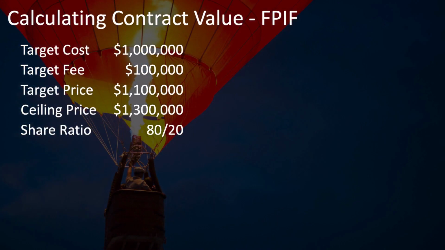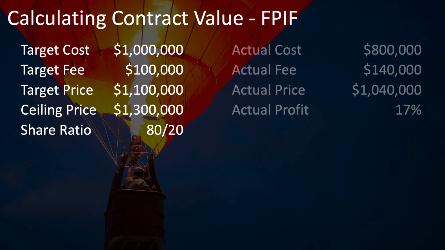If you keep the contract terms the same, you can see what happens if the cost savings or cost overruns are even greater. If the actual cost is only $800,000, then the actual fee is $100,000 plus $40,000, which is 20% of the $200,000 cost savings, for a total actual fee of $140,000.